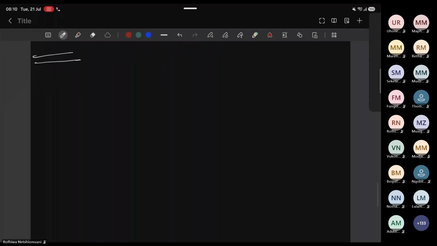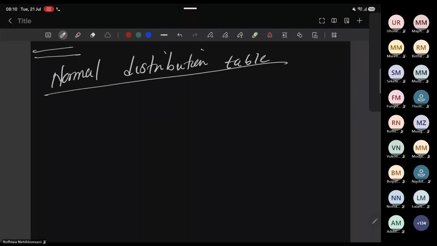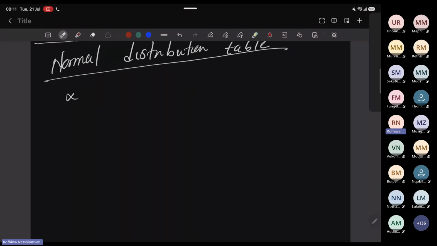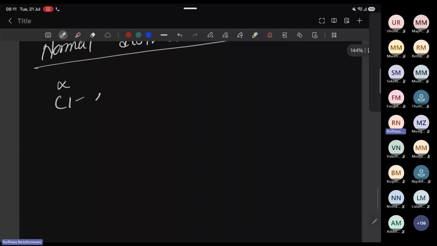Now, so that we can just remember what we used to do, let's go through the normal distribution table. The most important thing is to know what alpha is. The formula for finding alpha is (1 minus alpha) multiplied by 100% equals CI.